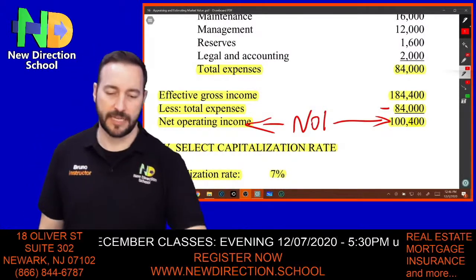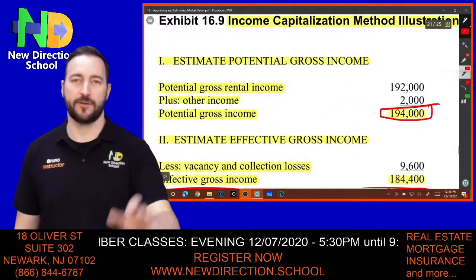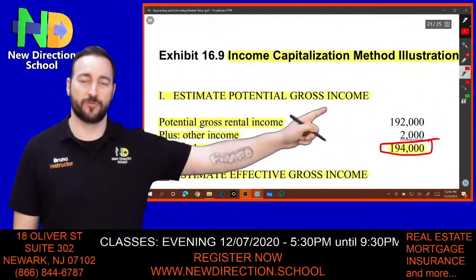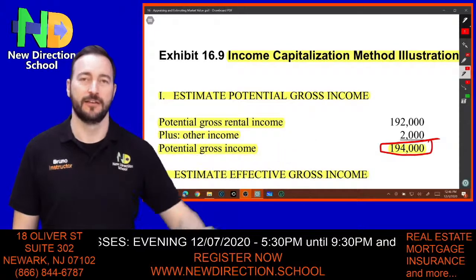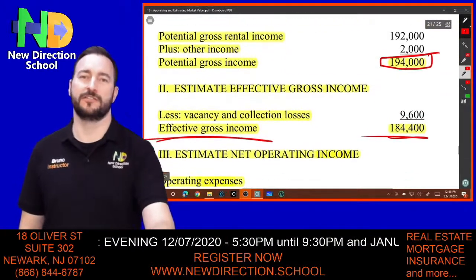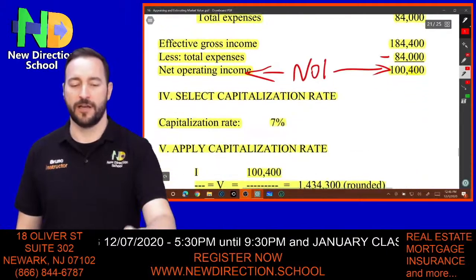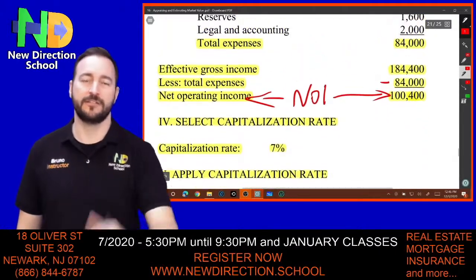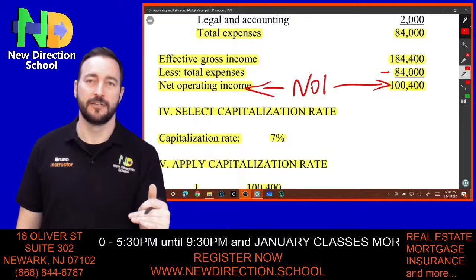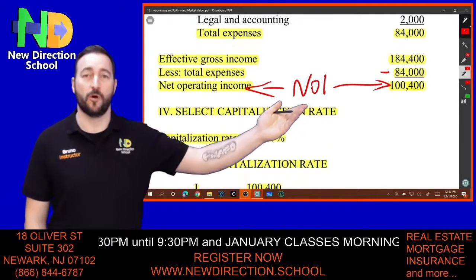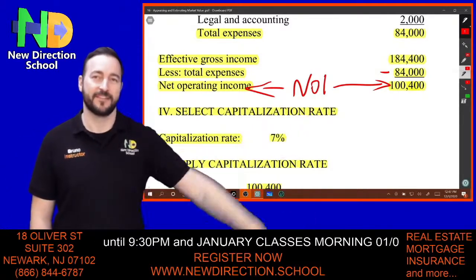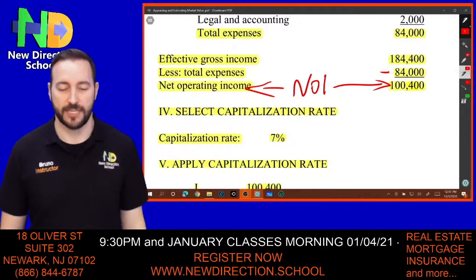So think about this as your gross pay right here. This is what you wish you'd bring home, so your salary, right? And then they start deducting Social Security, disability, unemployment, whatever fee, and then comes what you take home, almost half in this case, right? So $100,000.